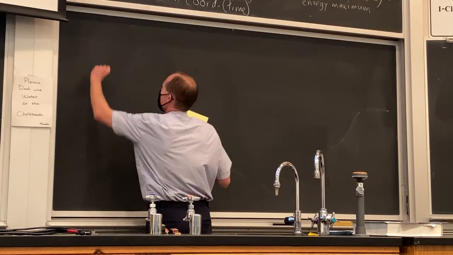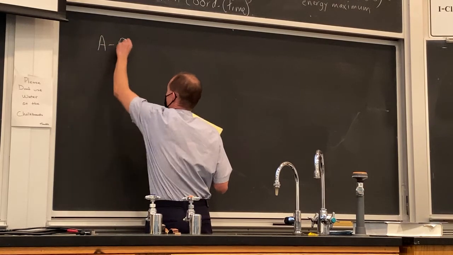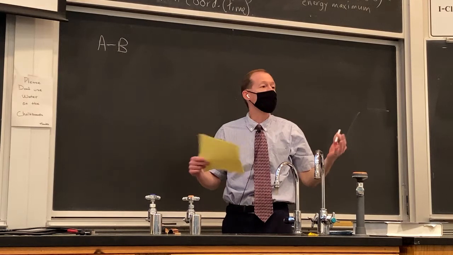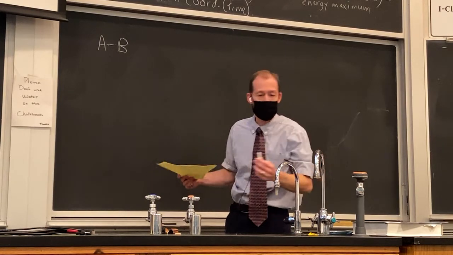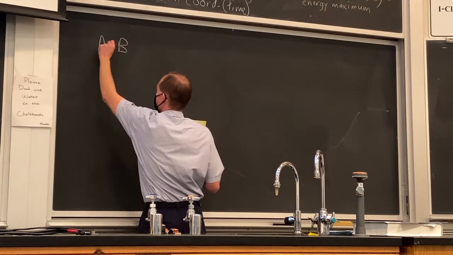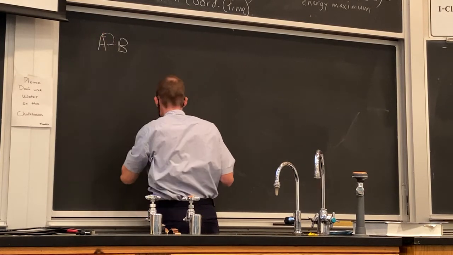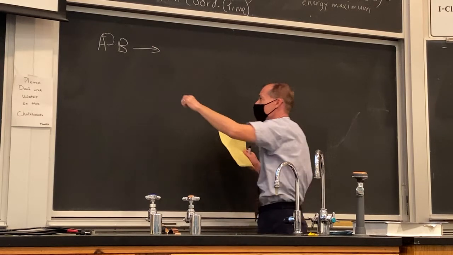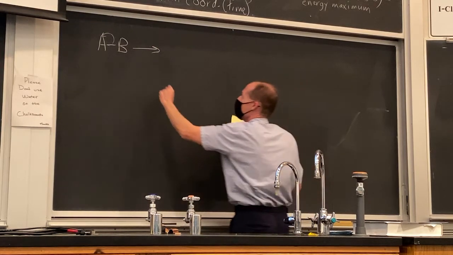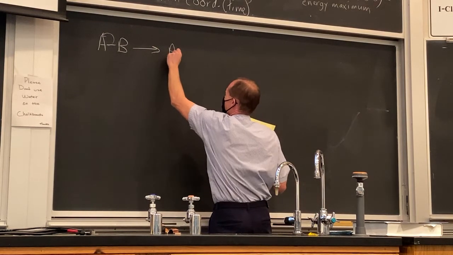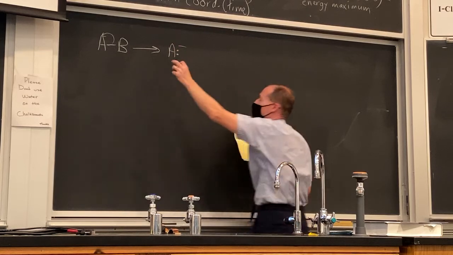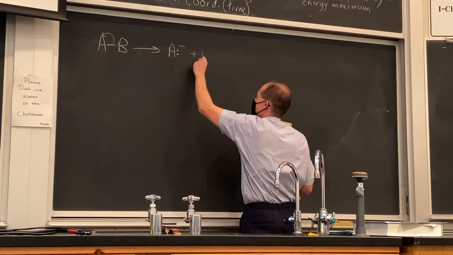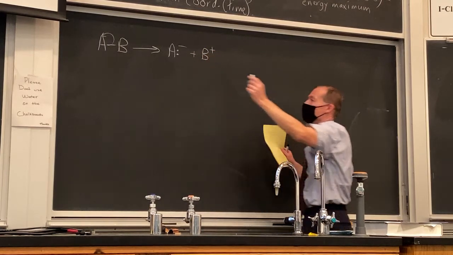So let's consider our substitution reaction that we've already drawn. But let's say that it takes place in 2 steps rather than 1 step. Let's say that in step 1, we are breaking the bond between A and B. A is more electronegative than B, so that's going to be a heterolytic cleavage, giving us 2 species, A minus and B plus.